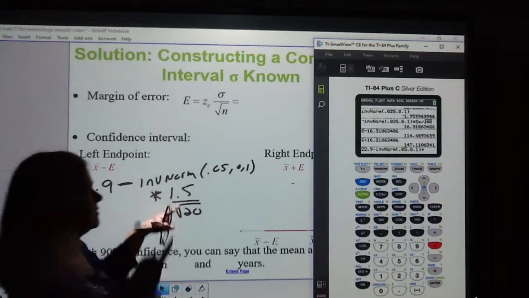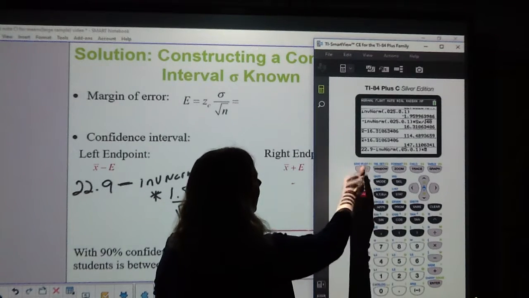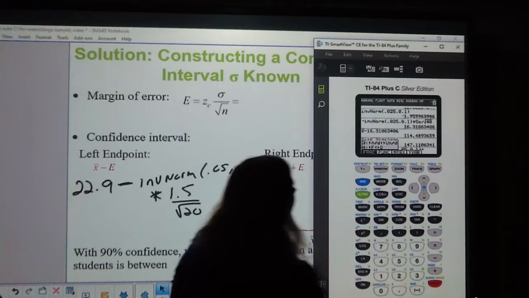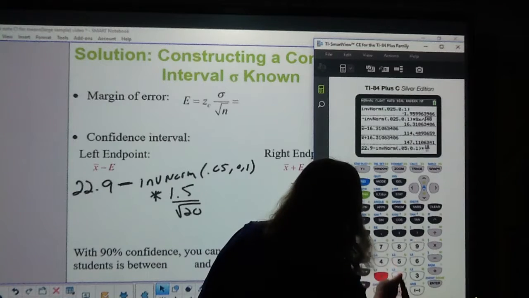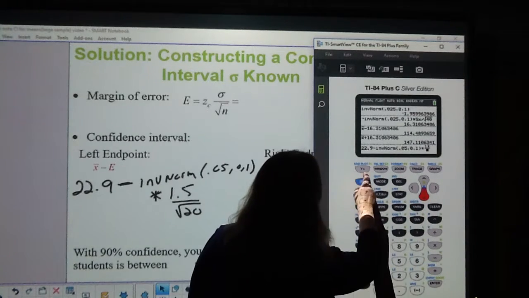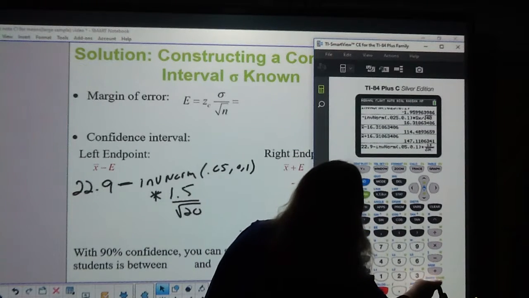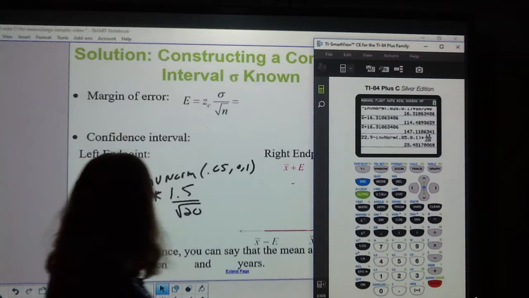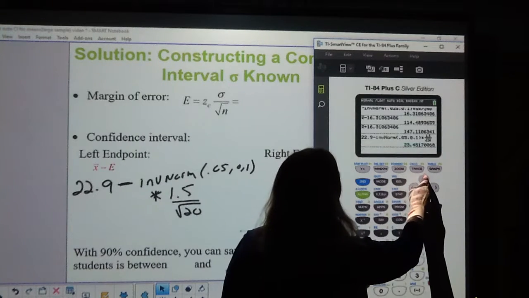To find the fraction, remember you would do alpha, y equals, and then push enter. And there's my fraction. 1.5 goes in the numerator, and in the denominator, square root of 20. So there's one of them.